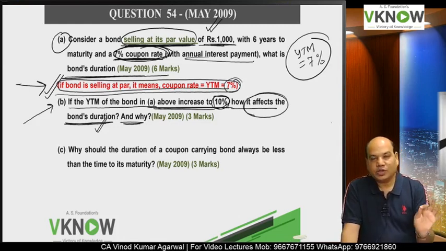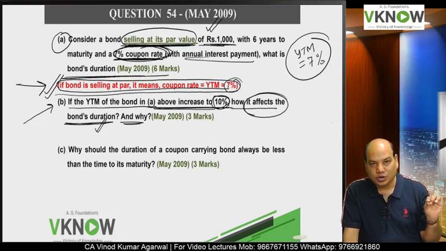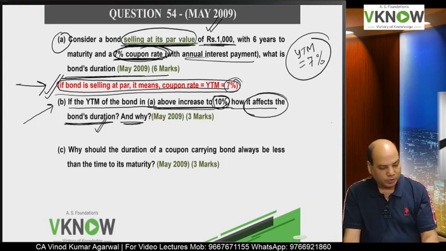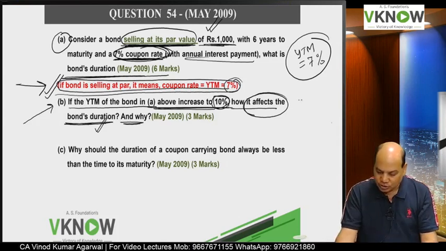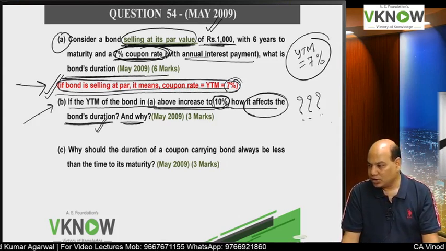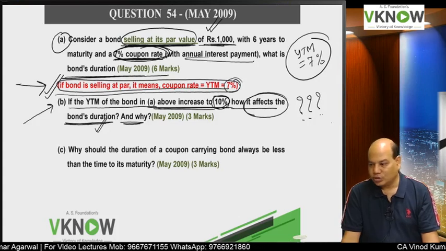So we have seen one property of the duration. How will duration be affected if YTM increases? You have seen in one of the properties of duration. So you have to answer what will happen, whether the duration will decrease or increase. What is the relationship between YTM and duration of the bond?